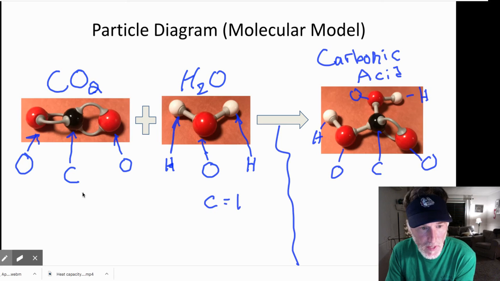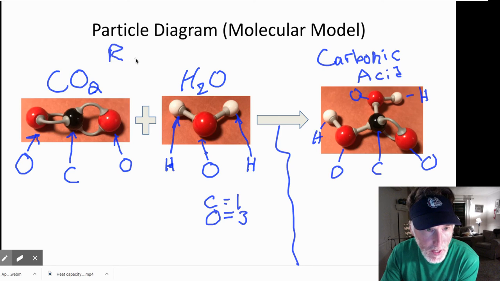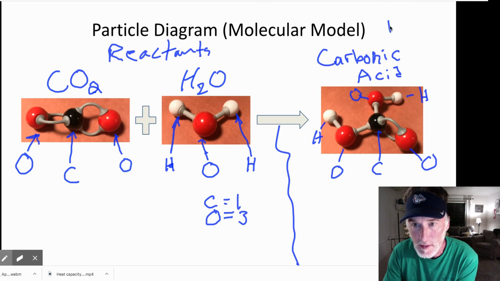And let's count up our oxygen atoms. We have 1, 2, 3 on the left side. By the way, the left side, remember, in this reaction, these are our reactants. And over here, this is our product. So we have to understand that too.